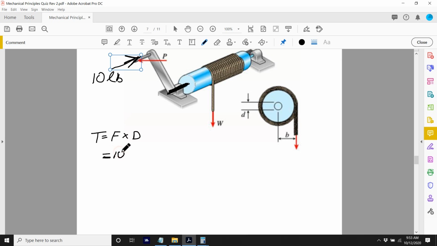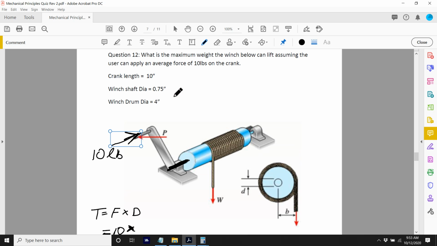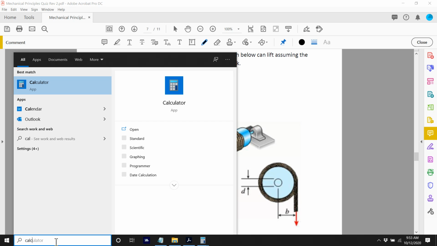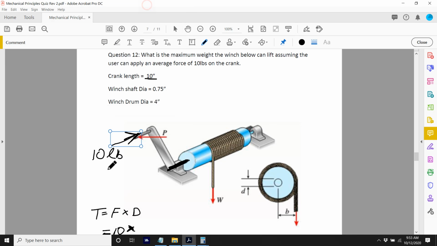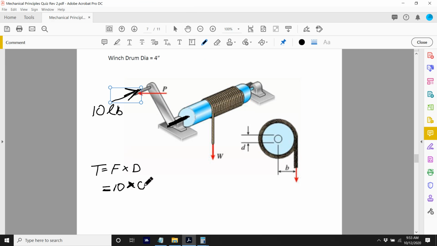That's going to be 10 pounds multiplied by, what is the length of the crank? The crank length is 10 inches. So let's put that in feet. So it's going to be 10 divided by 12. That's 0.83 feet.